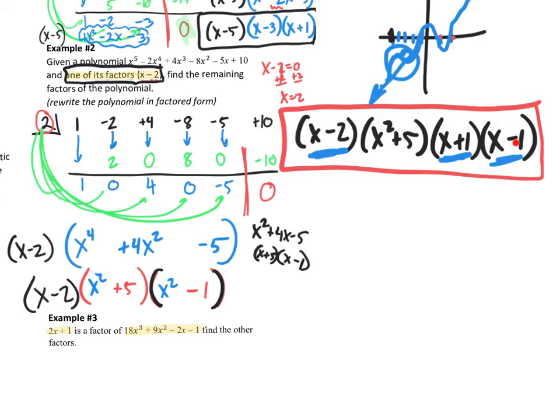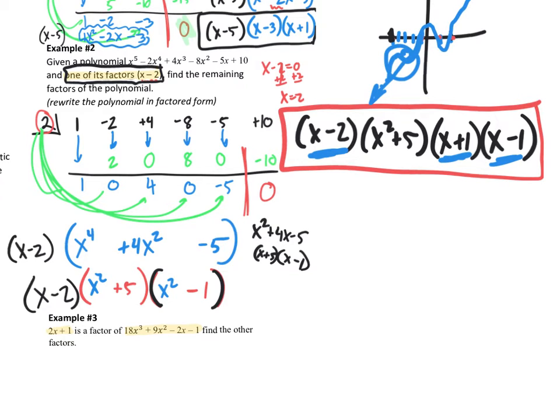If I wanted to find the x-intercepts, I would set it equal to 0, and I would split each and every one of these binomials and set them each equal to 0. So the x minus 2, if I set it equal to 0, the answer is x equals 2. And that's exactly why we plug in a 2, because that's the answer. That will provide us with the depressed polynomial.